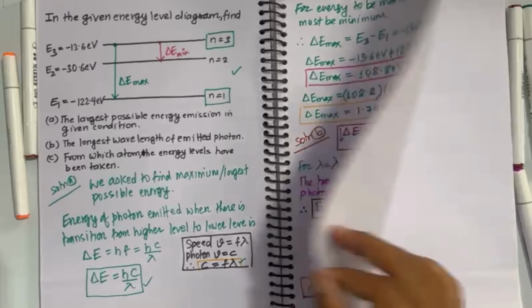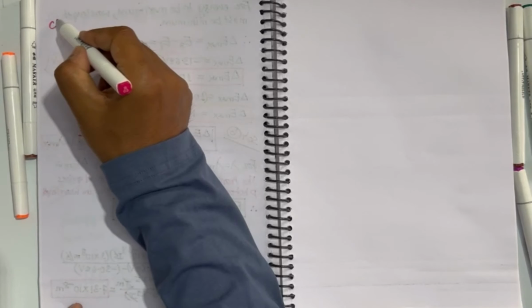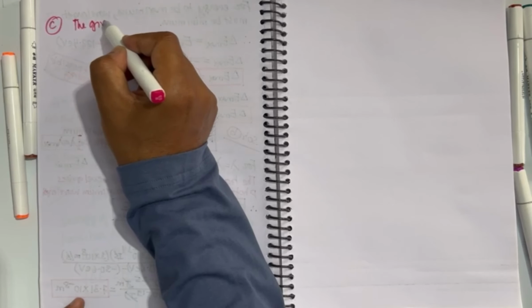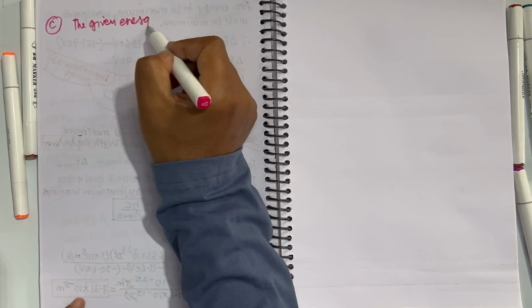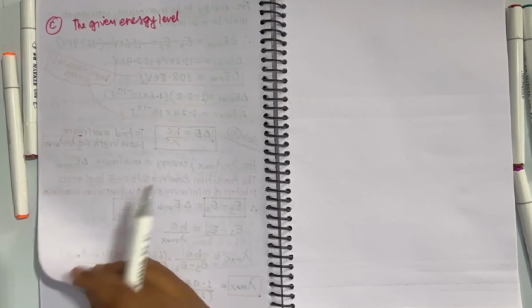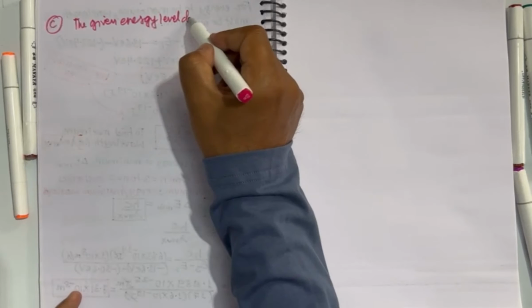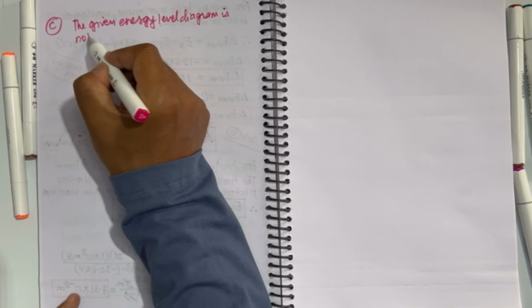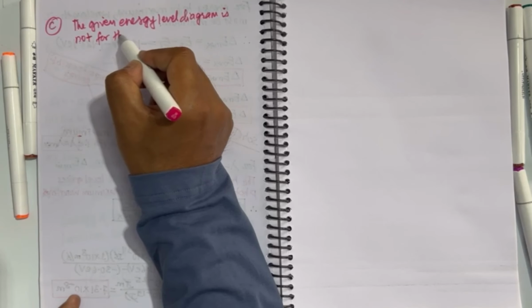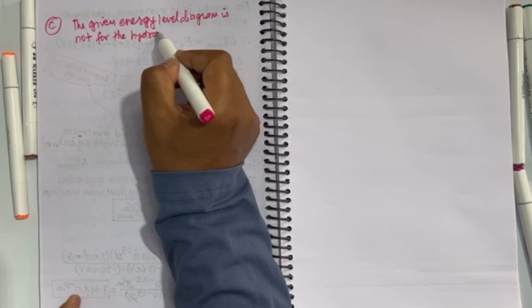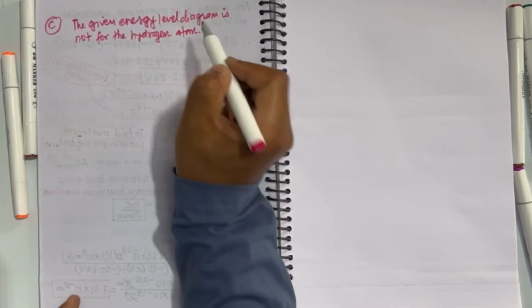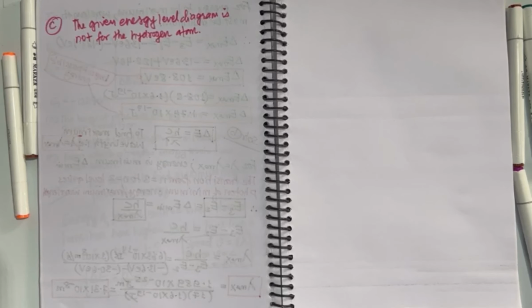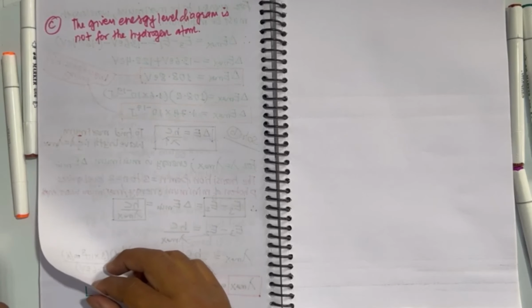So I'm writing over here, the given energy level diagram is not for the hydrogen atom. So we have to determine the atom to which the energy level diagram given in the question belongs.